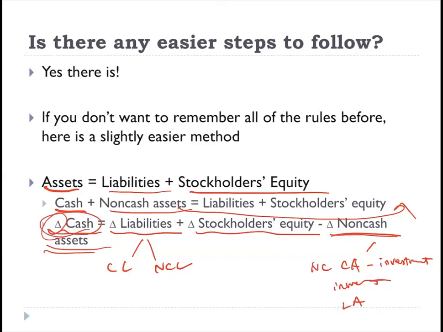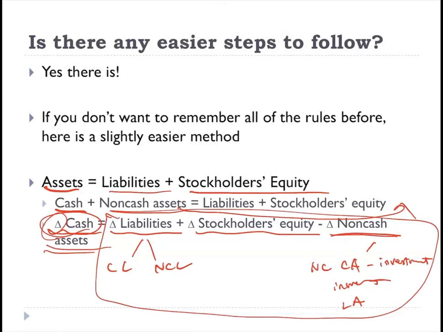As long as we take care of the change in all of those categories, we're going to get something exactly equal to the change in cash. So the next thing we need to do is figure out how much of those changes are related to operating activity, to the firm's investing activity, and to the firm's financing activity.